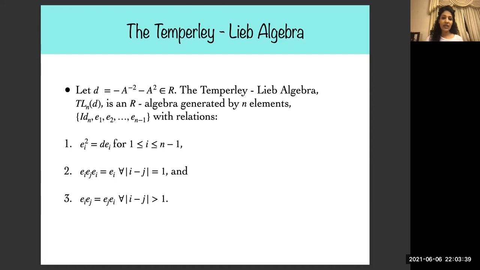By a result due to Kauffman, diagrammatically, we can think of elements of the Temperley-Lieb algebra as rectangles with endpoints on the left edge, endpoints on the right edge, and then you have non-intersecting curves that connect these endpoints.